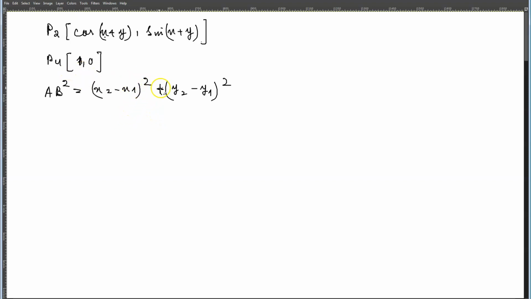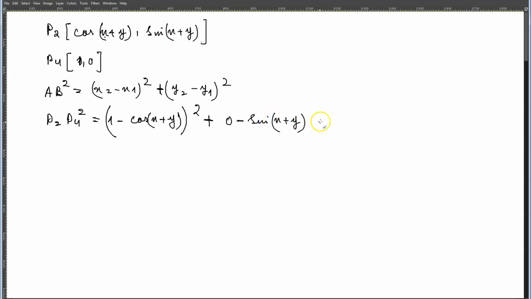Now based on this you can say P2 P4 whole squared is equal to x2 minus x1, which would be 1 minus cos of x plus y, whole squared, plus y2 minus y1, so 0 minus sine of x plus y whole squared, which is the same thing as 1 squared, which is 1, plus cos squared x plus y, minus 2 times cos of x plus y, and then over here you have sine squared x plus y.